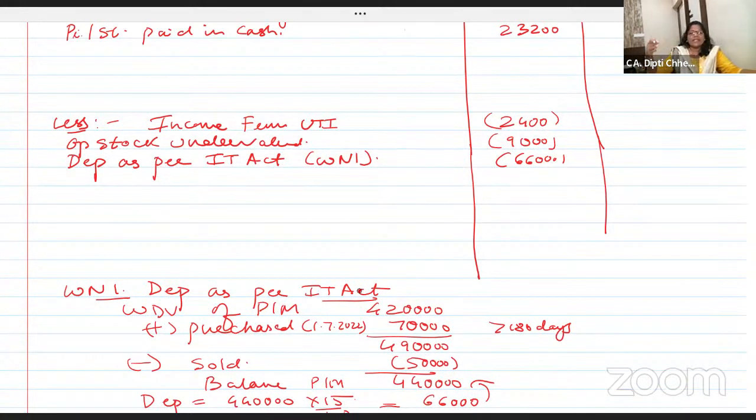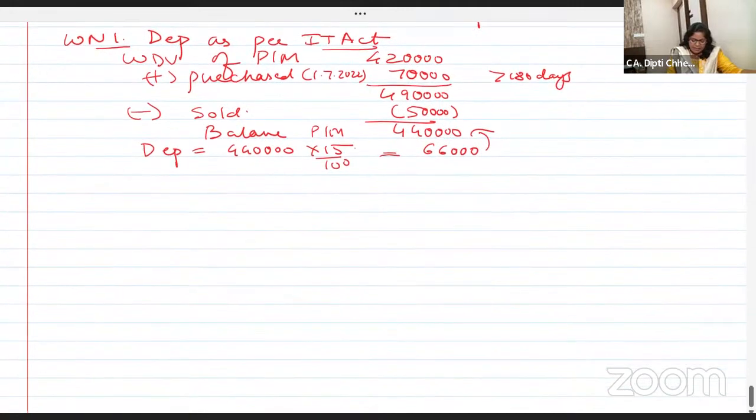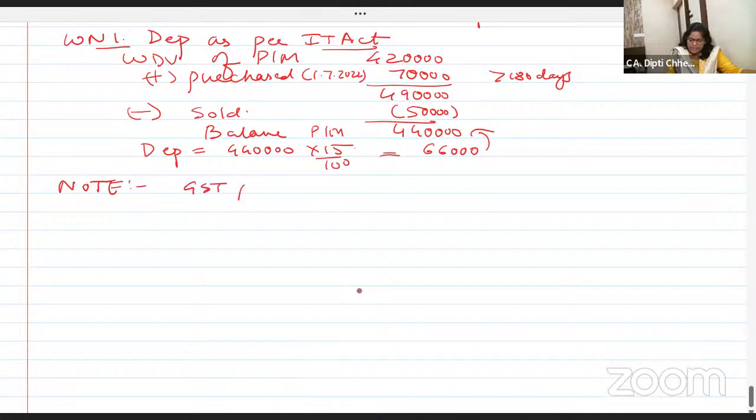So GST income tax, if you miss out in March and if you pay in April 23, it is allowed under 43B. We can write a brief note. Note लिख दो. ये working note था, अब ये note लिख दो. GST paid on 7th April 2023. It is allowed under section 43B.